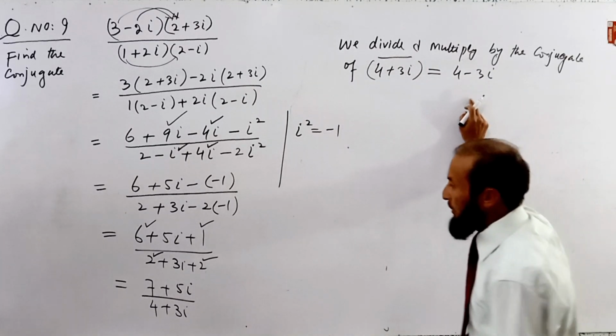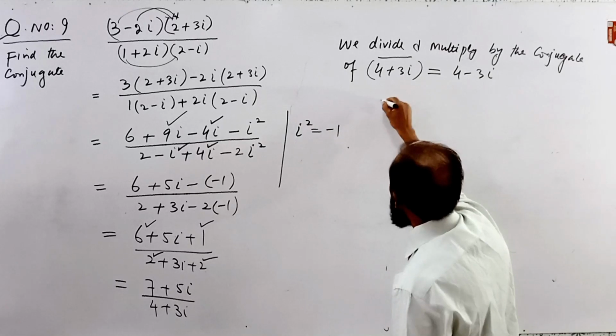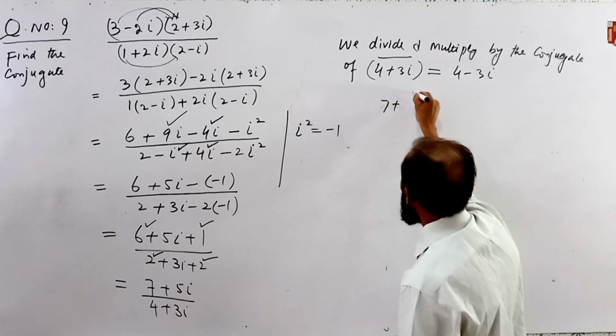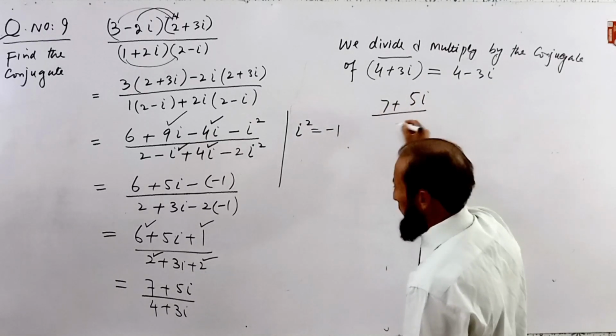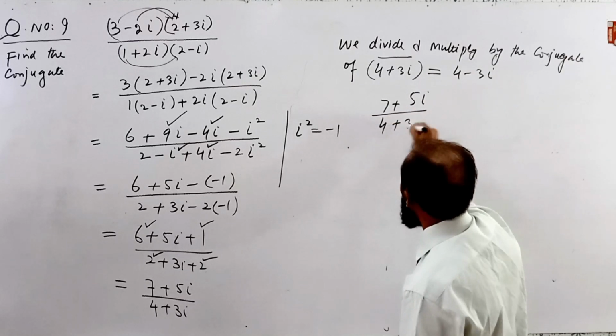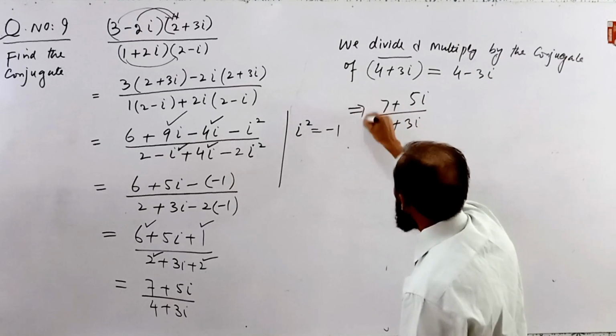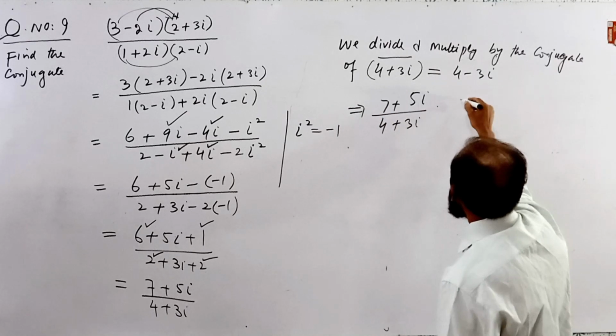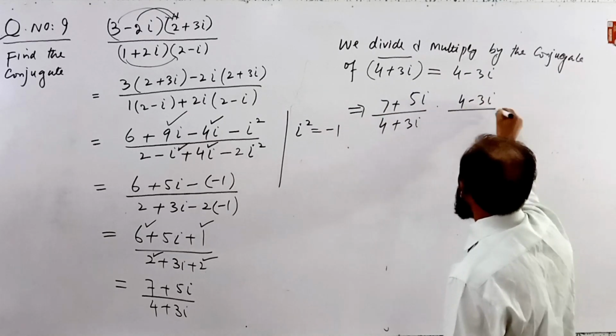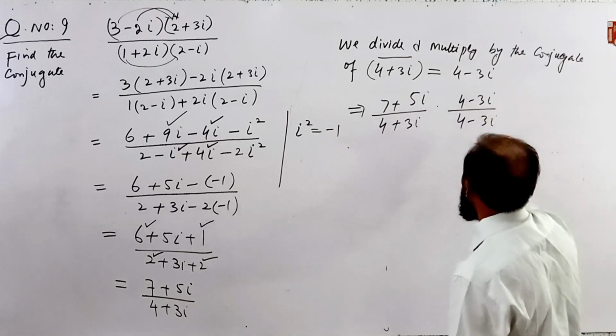So we divide and multiply: 7 plus 5i divided by 4 plus 3i, into 4 minus 3i divided by 4 minus 3i.